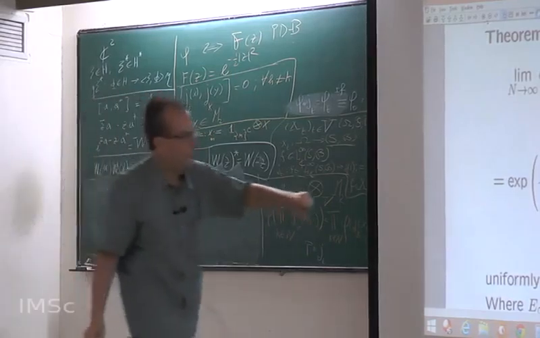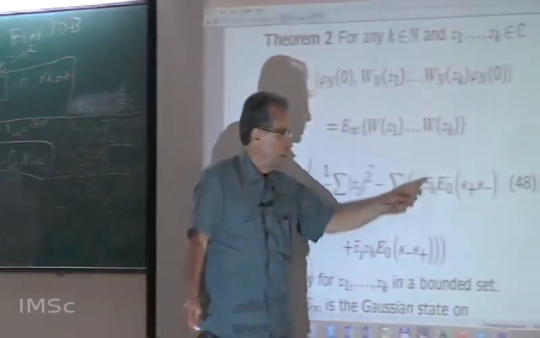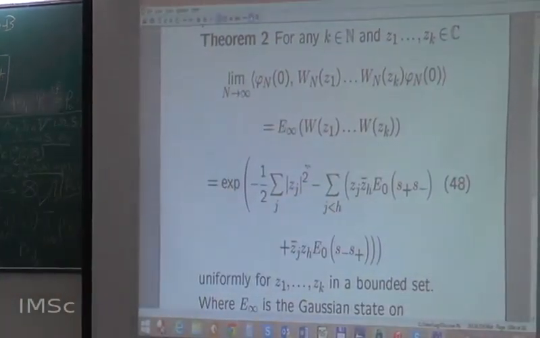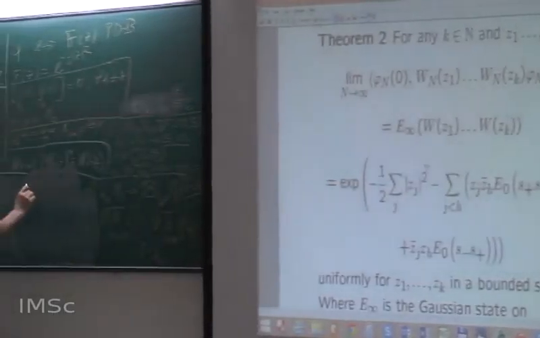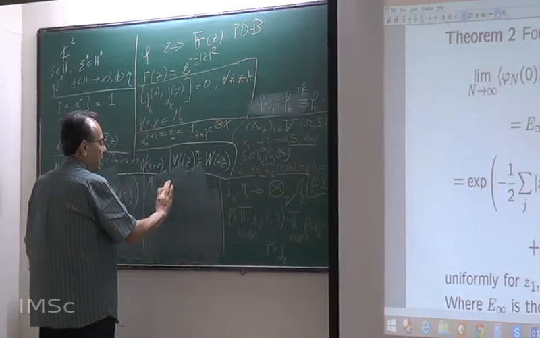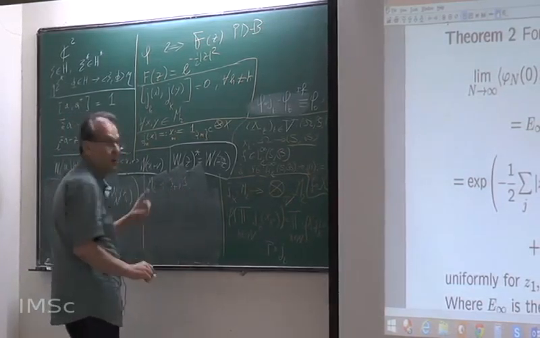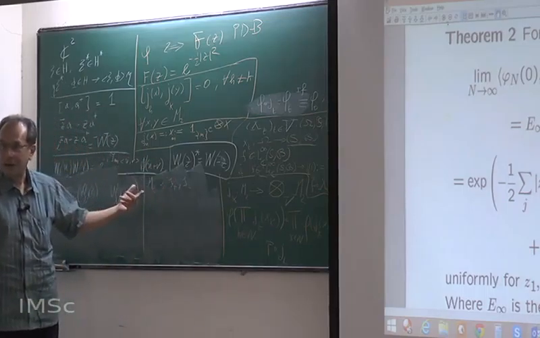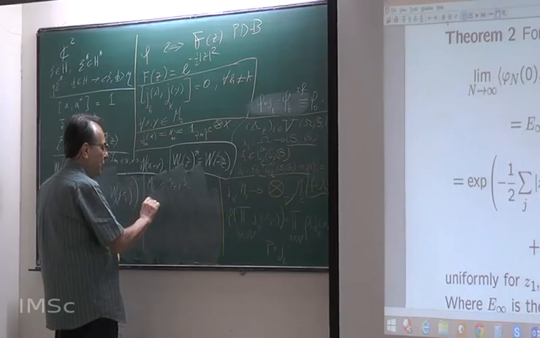This is a constant because these are two constants. Because suppose you have a state on this algebra, the algebra M2, and we say that S plus and S minus are algebraic generators, so their products generate everything. Suppose that I take a state with mean 0.